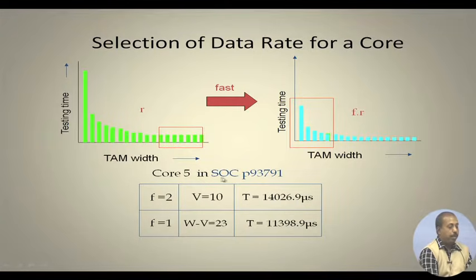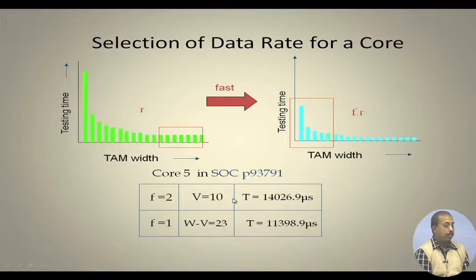Take core 5 of this particular SOC, P93791. If you are doing it at a slower data rate, then W minus V equal to 23. If you put it on a slow channel with 23 lines, then the test time becomes 11398.9 microsecond. Whereas, if you put it on a faster line, giving 10 faster lines, it can test it at 14026.9.